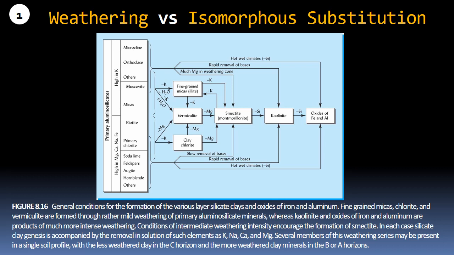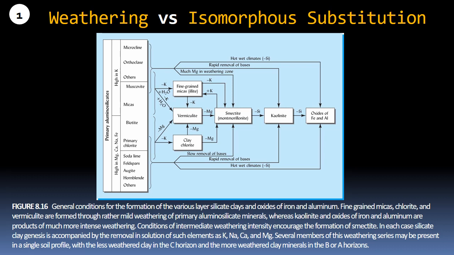Basically, if the soil undergoes physical and chemical weathering, it will change in size, but chemical weathering would also change its structure, and it will end up forming new types of minerals. It will form from primary minerals to secondary minerals.